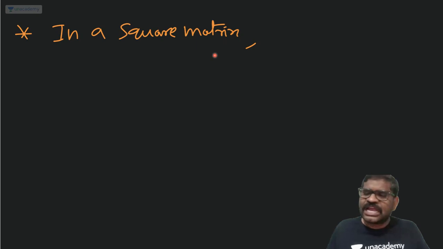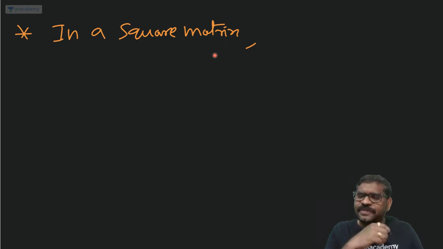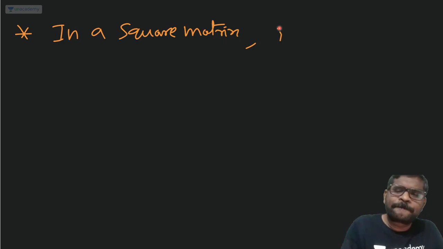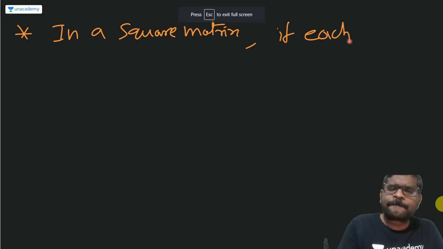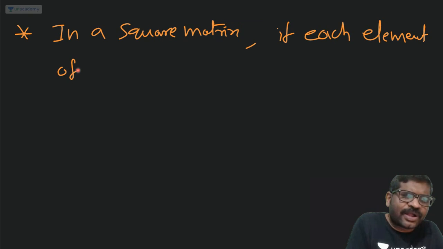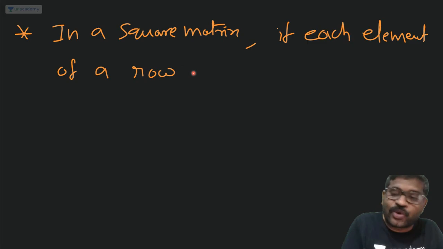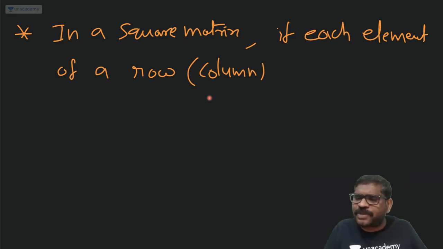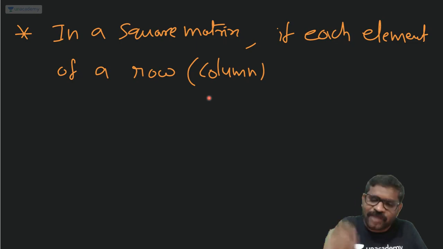Now, in a square matrix, any property applicable for rows is applicable for columns also.